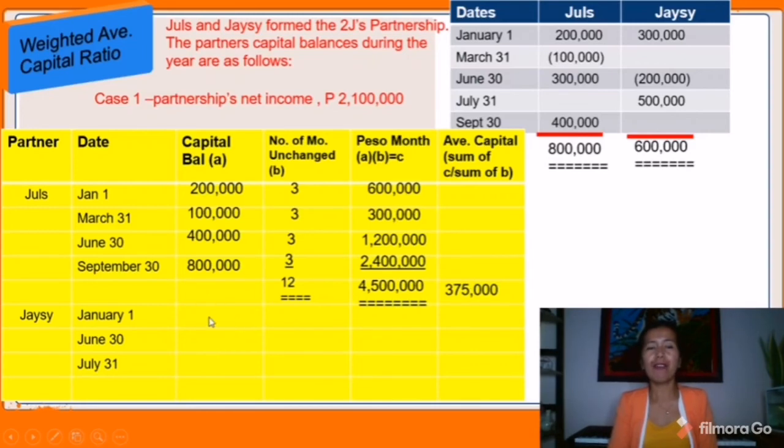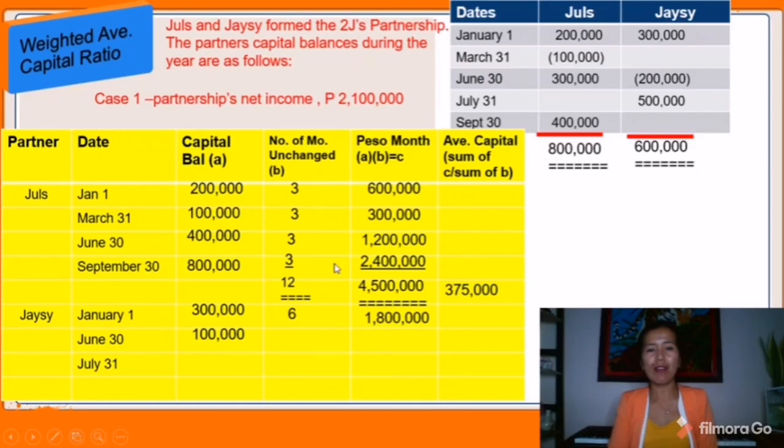And for JC, on January 1, the balance is 300. The number of months is from January 1 to June 30. That is 6 months, and the peso month is 1,800,000. And for June 30, the capital balance is 100. How do we get 100? That is 300 beginning capital balance less drawings on June 30.